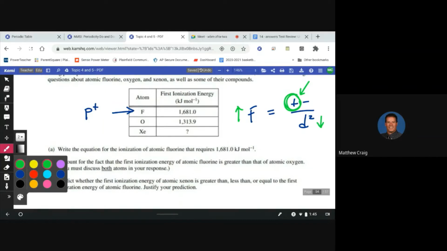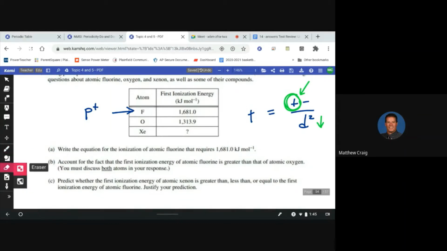Okay, so it has more protons, therefore the force of attraction, while the core electrons are the same. I like that you guys implemented that. The atomic distance is smaller, therefore it requires more energy to remove that electron. Okay.